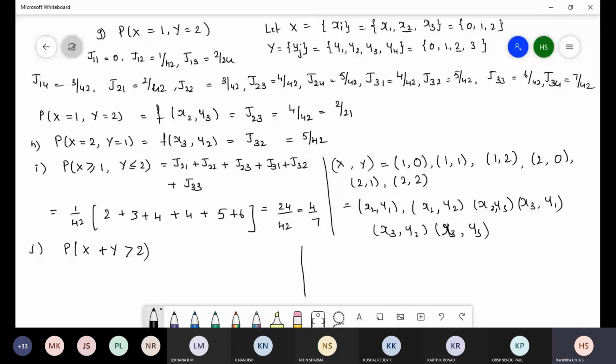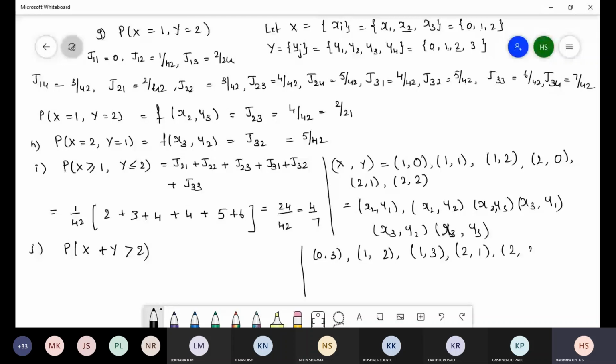Next, 1 plus 0, 1 plus 1, 1 plus 2, so 1, comma 2. Again 1, comma 3. 2 plus 0 is 2, so we don't want that value. 2 plus 1, that is 3. Again 2 plus 2, again 2 plus 3. These are the values which are greater than 2 when we add x plus y.